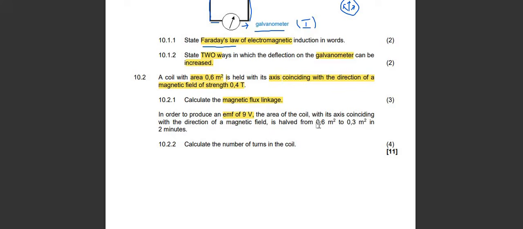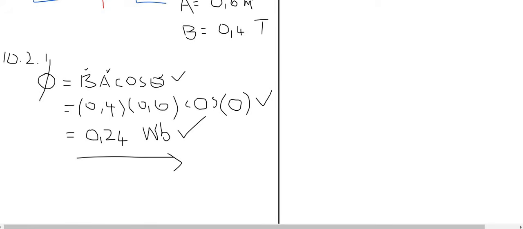So they will halve the area from 0.6 meters squared to 0.3 meters squared, and it's halved in 2 minutes, right? And the question says, calculate the number of turns in the coil. So how do we go about it?